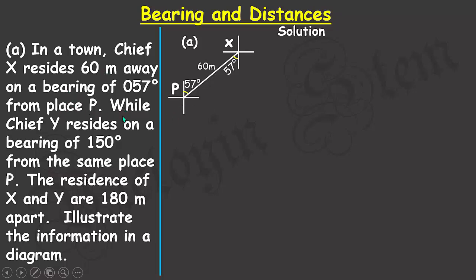The next sentence: while Chief Y resides on a bearing of 150 degrees from the same place P. So the location of Y is taken from P. I'll use my yellow angle to show my 150 degrees, and then I'll use a straight line to join P to point Y. This is my point Y. Now to complete this triangle, I'll join X to Y with a straight line.